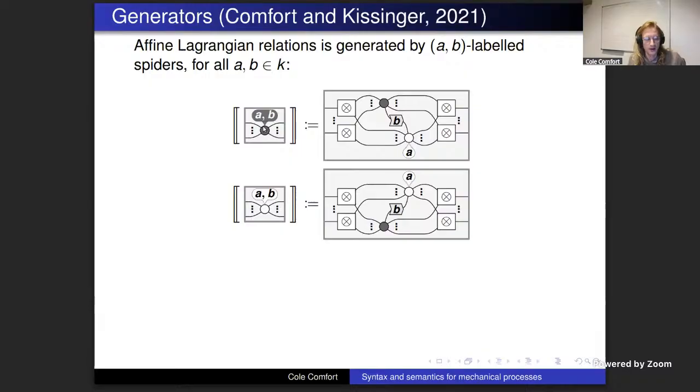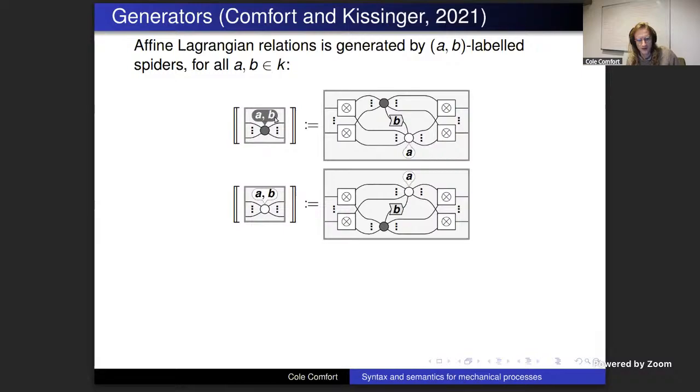So for the black spider, you have a label A and a label B. And if you forget about the label B for a moment, basically what this is saying is this makes sure that all of the positions are the same, and it sums the momentums. And dually, for this white spider, it sums the positions and asks that the momentums are the same.